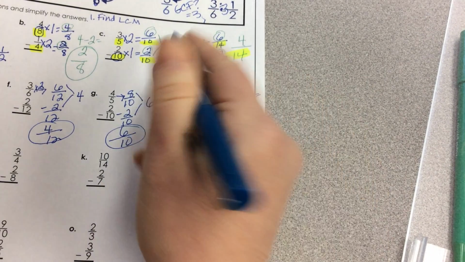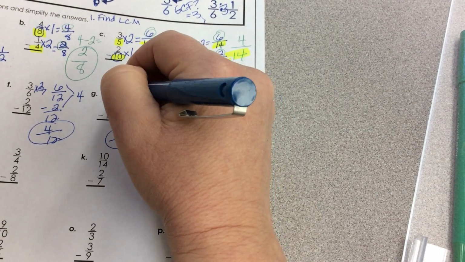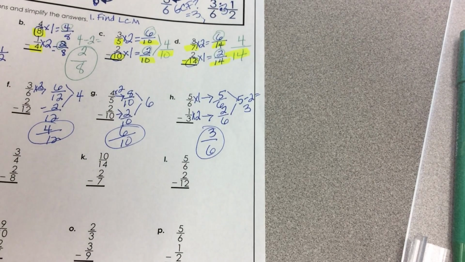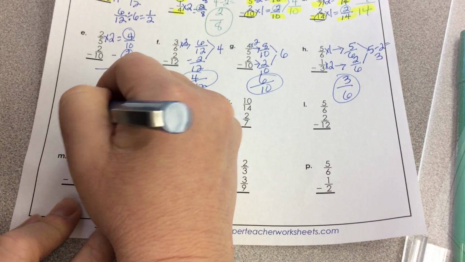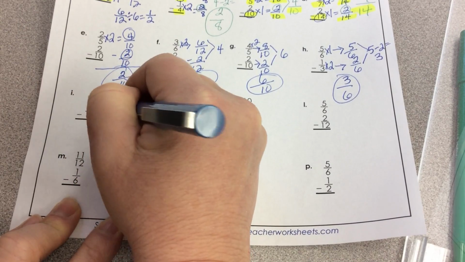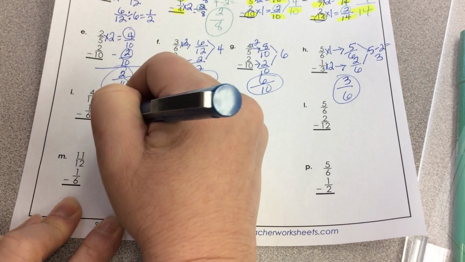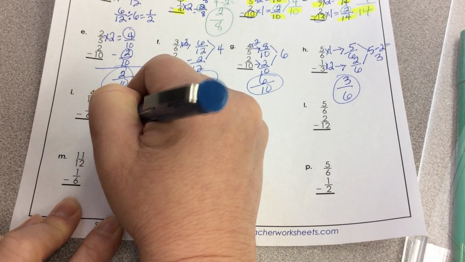I skipped a step here, sort of. I didn't write what I multiplied, but I think you can figure it out. Oops, my mistake, 2/12.